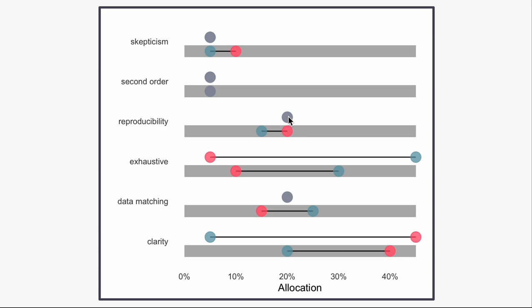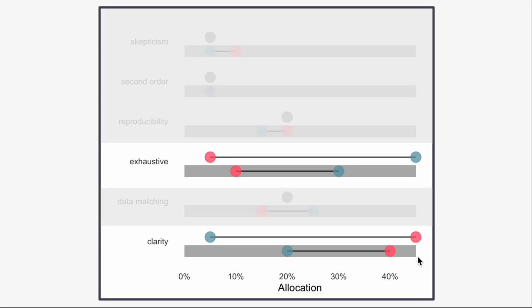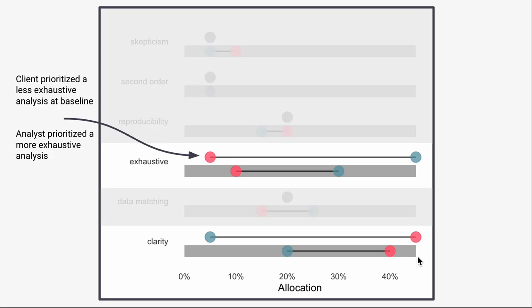When these look gray, it's when they were exactly the same. Underneath the white, the dark gray bars are post-negotiation, so at resolution, where each of these allocations ended up. I'm going to focus just on the two that we started as disparate.